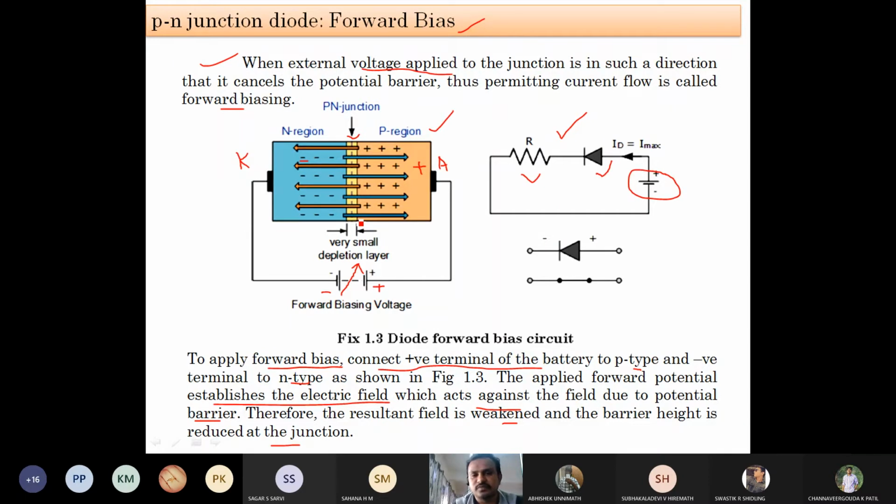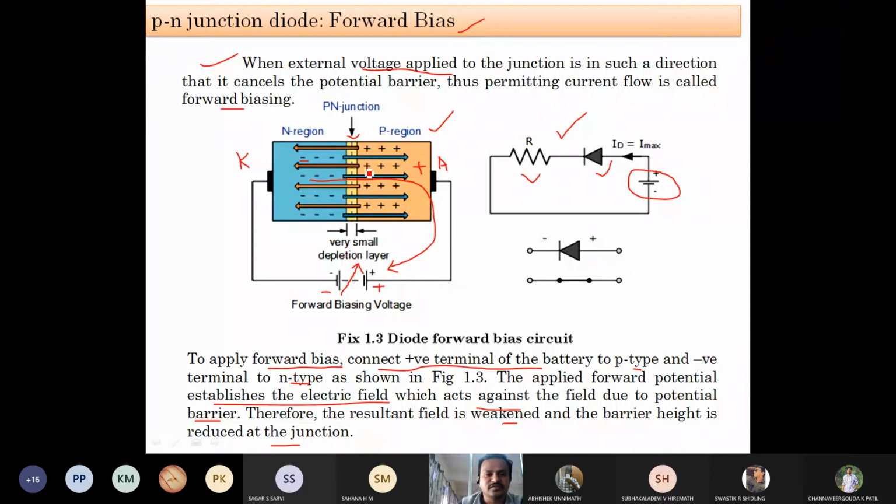The movement of charge carriers is attracted by opposite polarity. Electrons are negative, holes are positive. All the electrons in the N region are eager to reach the positive terminal of the battery.